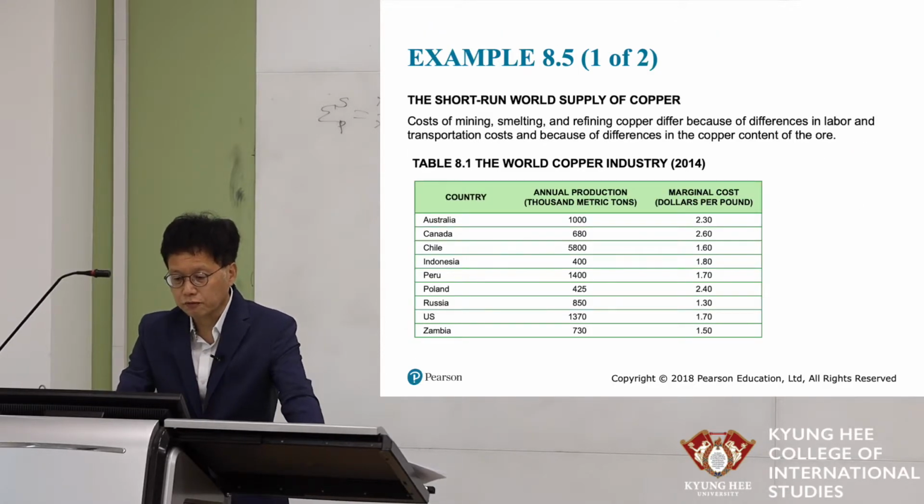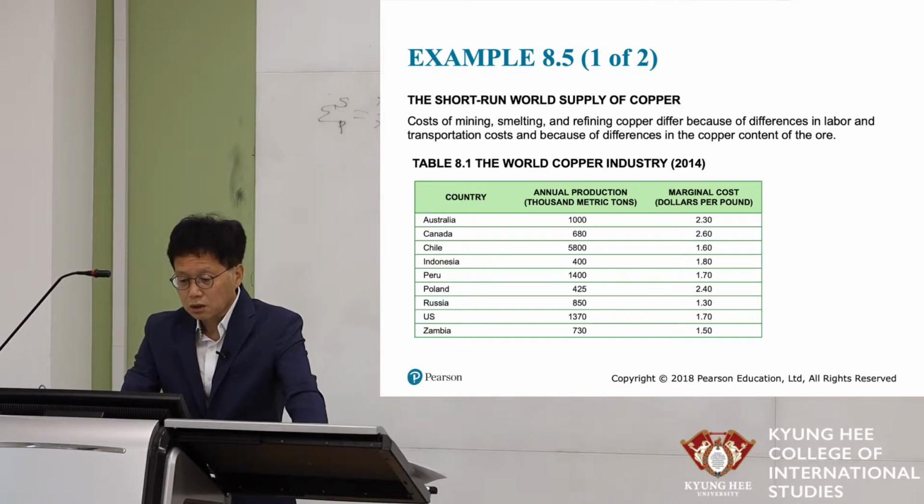Example 8.5, the world supply of copper. The costs of mining, smelting, and refining copper differ because of differences in labor and transportation costs, and because of differences in the copper content of the ore. There are 2, 4, 6, 8, 9 countries supplying copper to the world market.